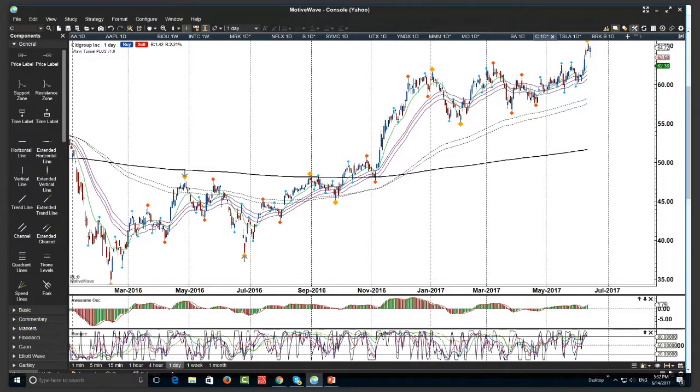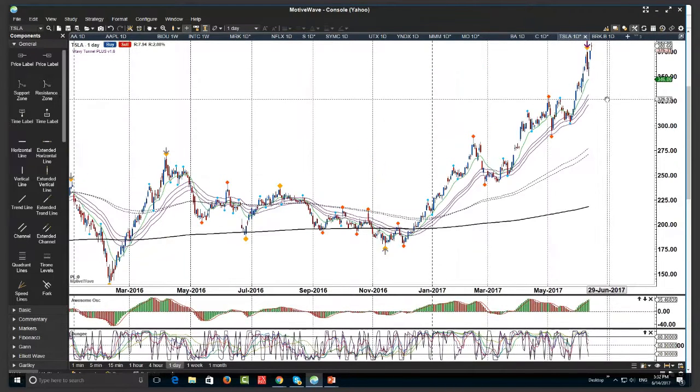We can come down and retest this consolidation and wait for another consolidation before buying it. Tesla, would you be buying it here? I don't think so, because we've gone straight up.